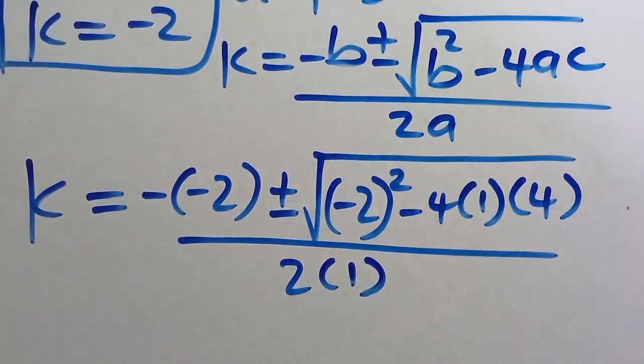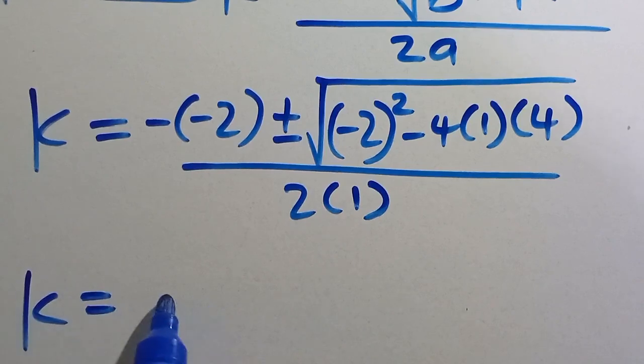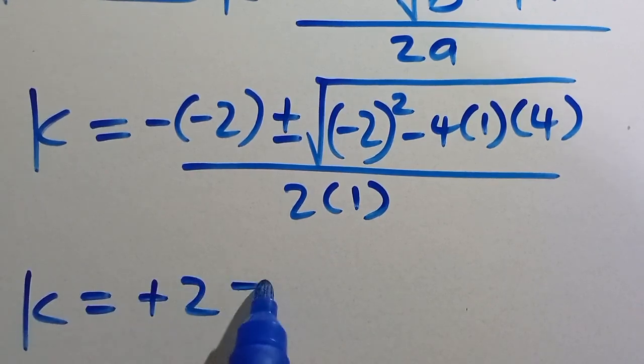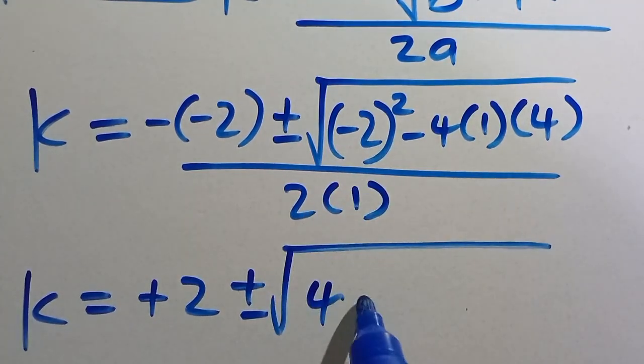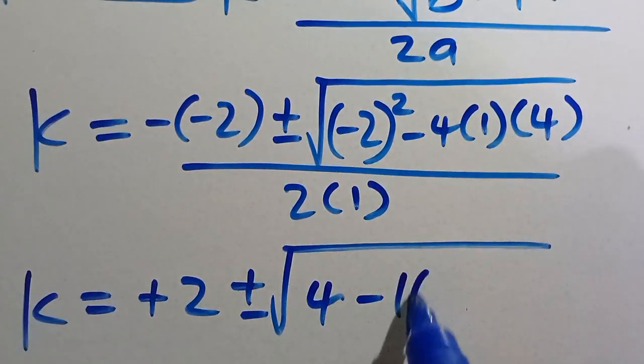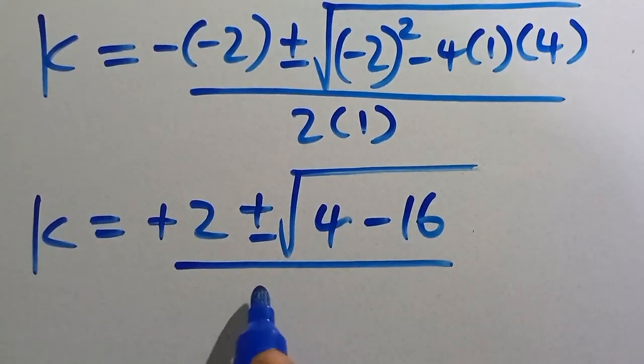2 into 1. So from here, we have k equals 2, positive or negative, root of this to the power of 2, which will give us 4, minus 16, all divided by 2.